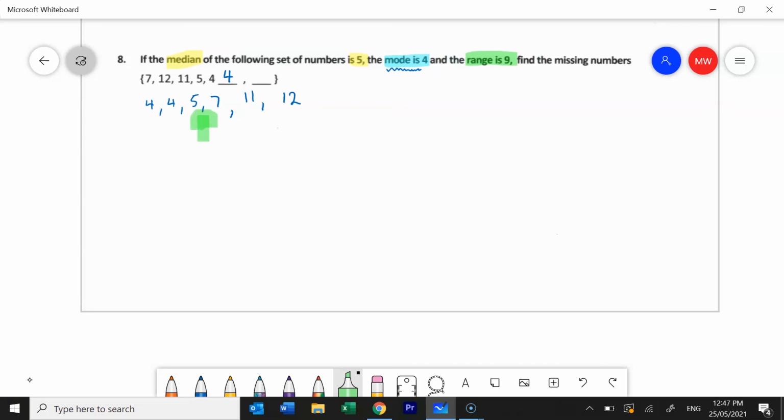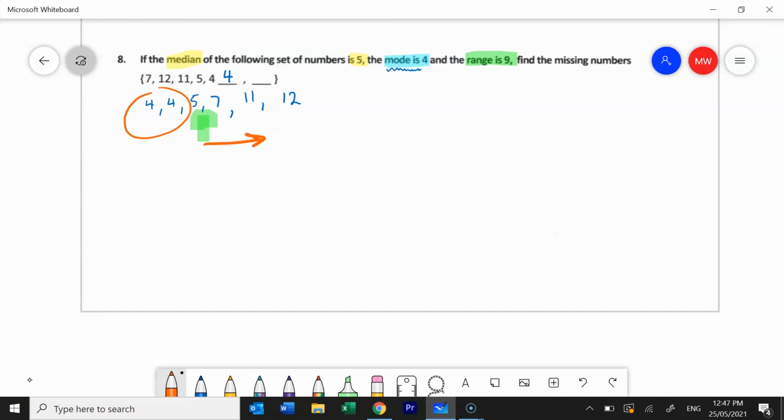And so at the moment, the median is about here, isn't it? And I know that the median is supposed to be 5, but at the moment it's 6. So I need all these numbers, if it makes sense, to shuffle this way a little bit. In other words, I need another number down here somewhere. Now, I'm also having a look at the range, and it tells me that the range is 9.